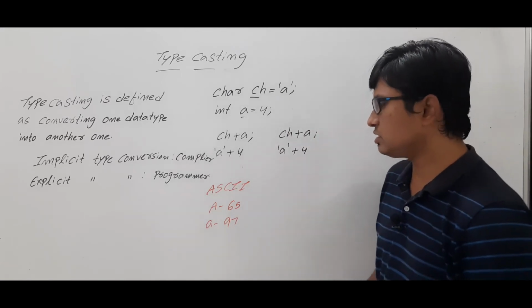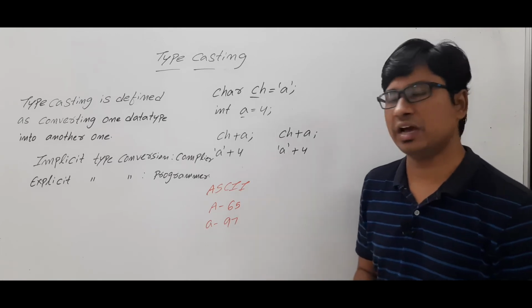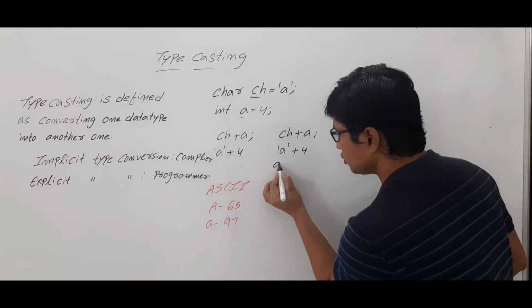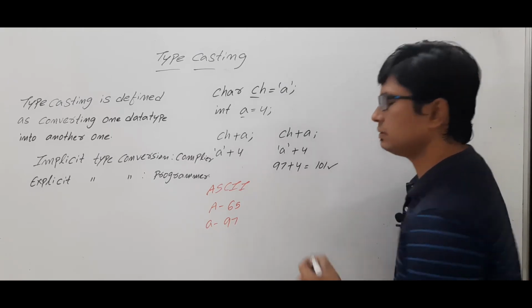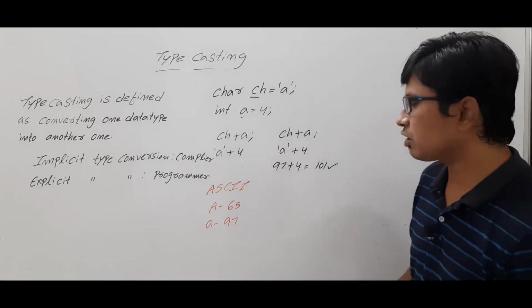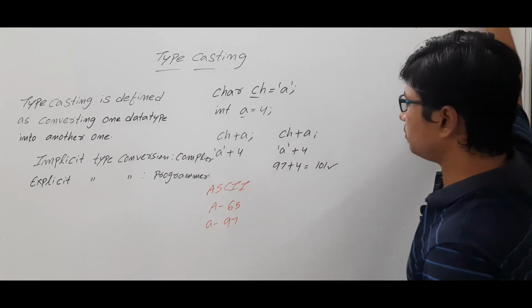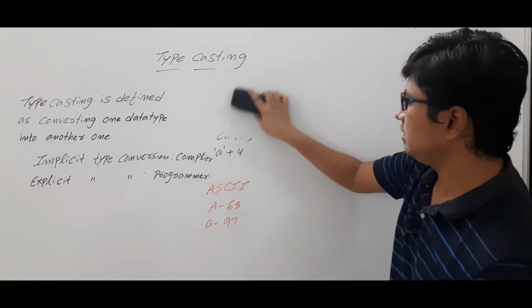Once you remember these two, you can easily find the ASCII values of all the alphabets. So as the ASCII value of small a is 97, it will perform 97 plus 4, which will be 101. This is what we call implicit type conversion. Let me write a small program to help you understand implicit type conversion in detail.